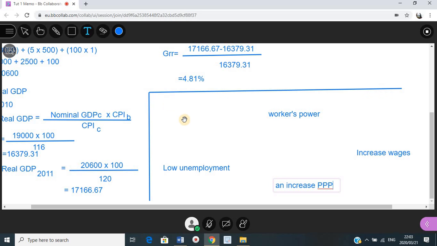So we're going to have an increase in prices. Maybe I can show here that the increase of price is due to the increase in purchasing power parity.